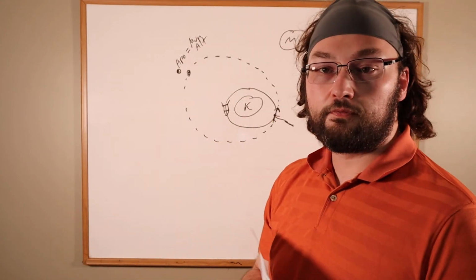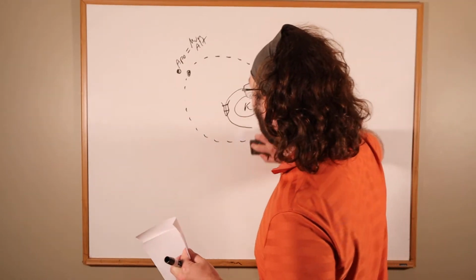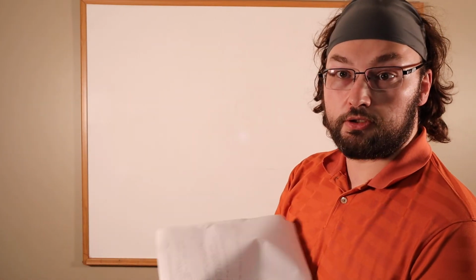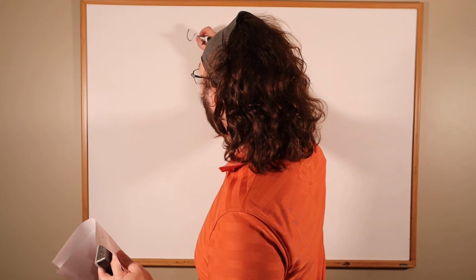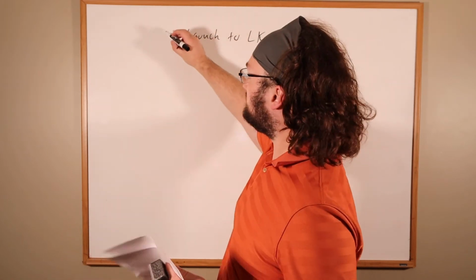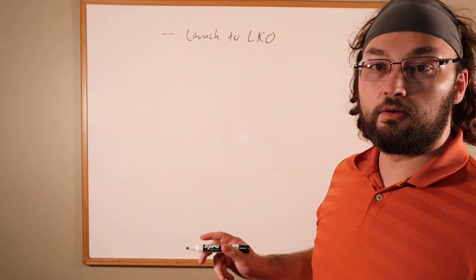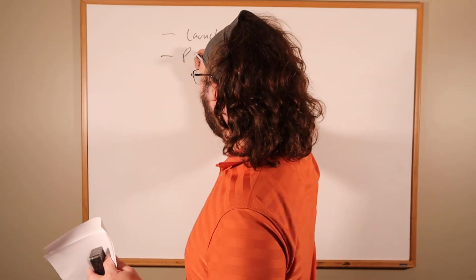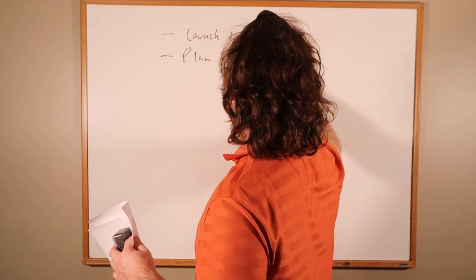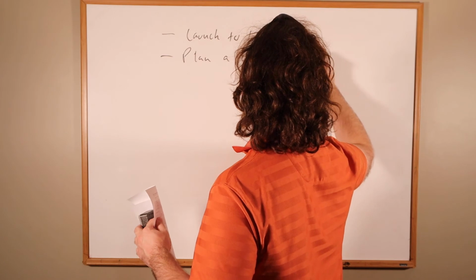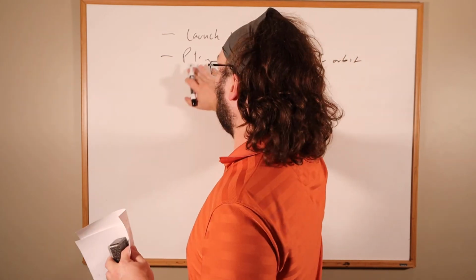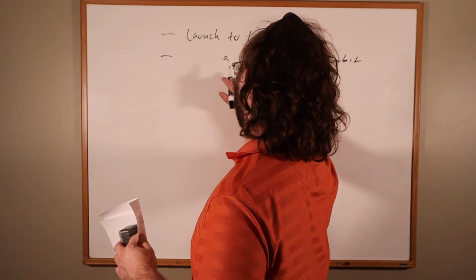To review, my plan for doing a moon mission is the following steps. First, we launch to low Kerbin orbit. Then we plan and then execute a burn to transfer orbit.